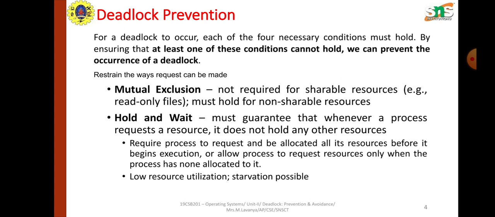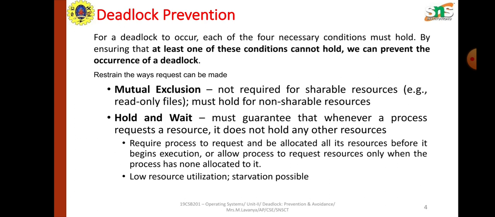So before allocating resources to a process, each time the system will ensure no other previously requested resources are being held by that process already. After that only the resources will be allocated.